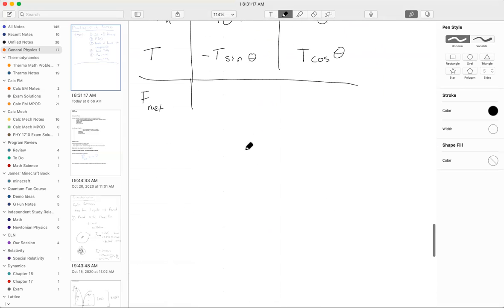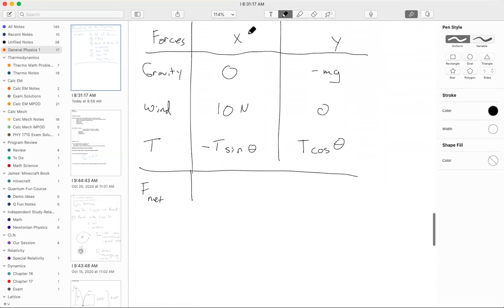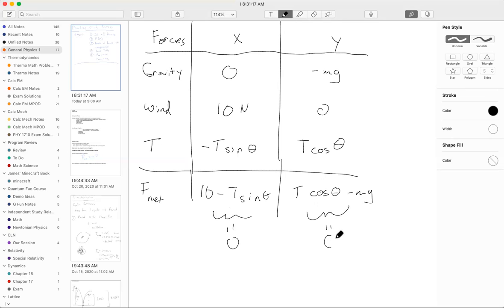All right. So what we're going to do is find a formula for the net force, which says, in the X direction, I get 10 minus T sine theta. In the Y direction, I get T cosine theta minus mg. And these all must equal 0 because it's in equilibrium.